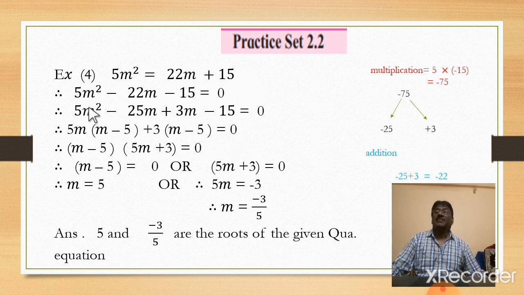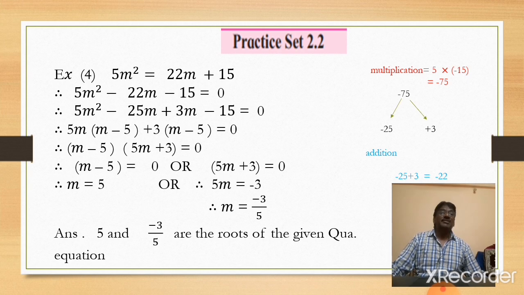Then we get 5m square minus 22m minus 15 is equal to 0. Now we see that the given equation is in the form ax square plus bx plus c is equal to 0. In short, we can say the given equation is in standard form.